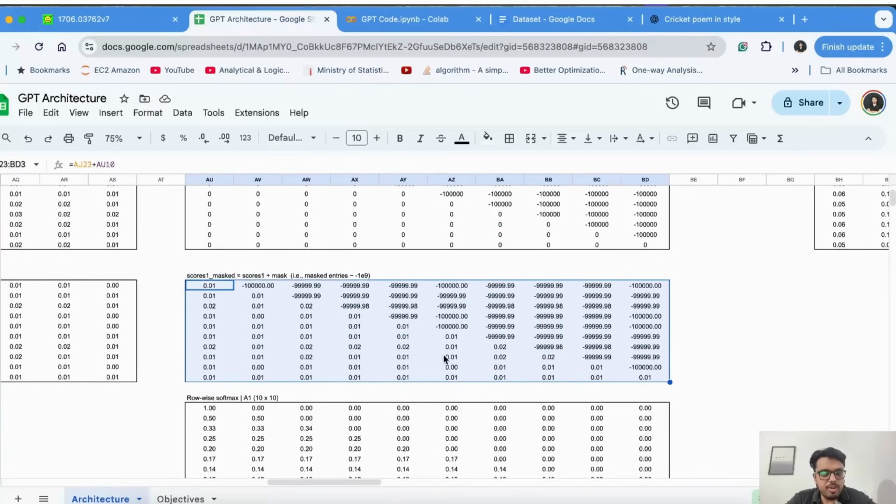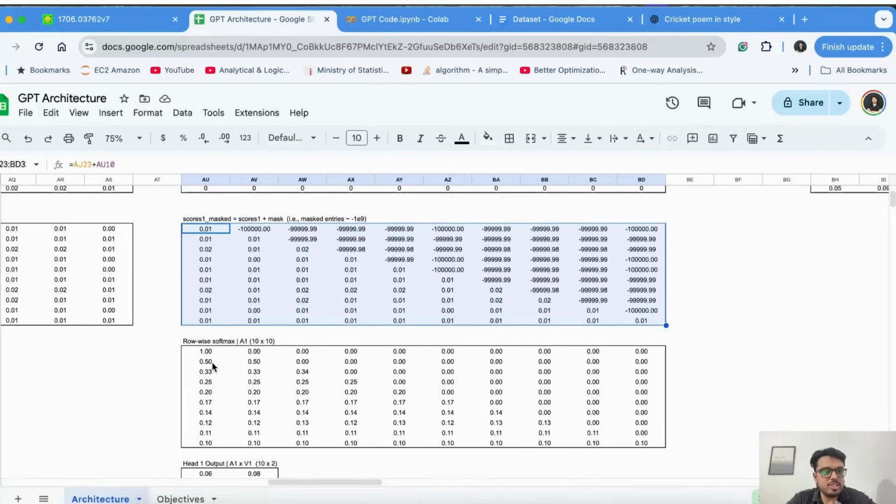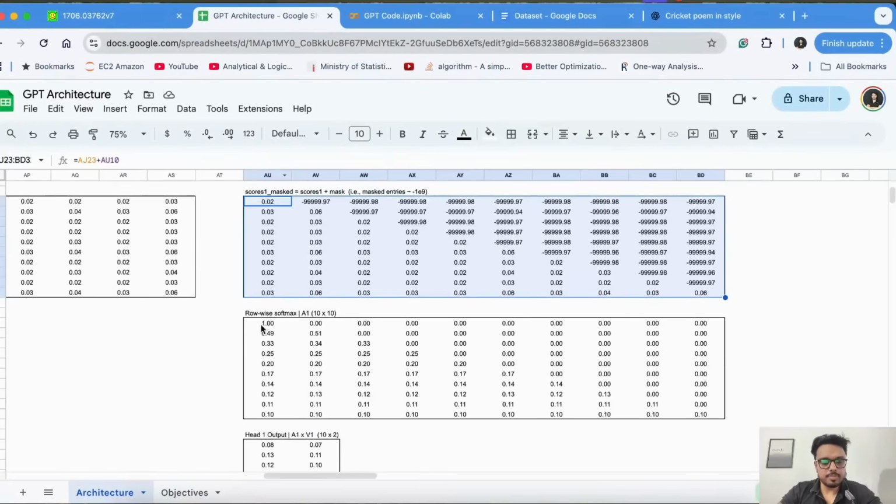Now what we will do is a row-wise softmax. So what softmax as a function does is convert a list of raw scores into probabilities that sum to 1.